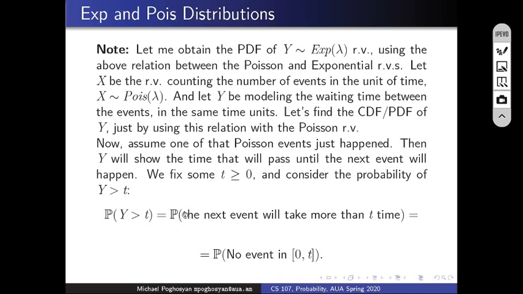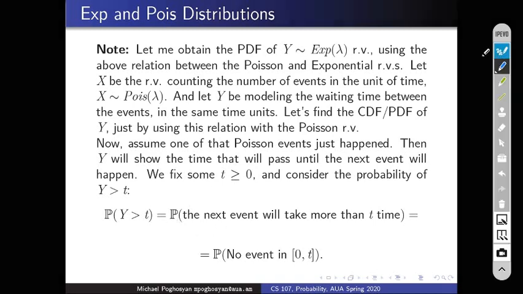One event happened and I'm counting. Let me show that in a graph. This is the timeline again. This is when one of the events happened and I'm waiting for the next event. So this waiting time is Y, and t is some number, and Y is larger than t.